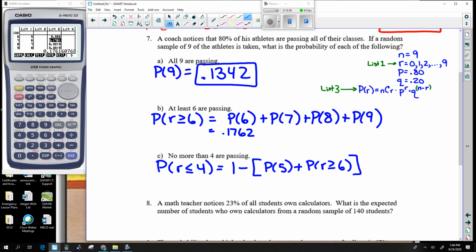And use that bottom decimal, don't use the highlighted decimal. Gosh darn it, hold on.